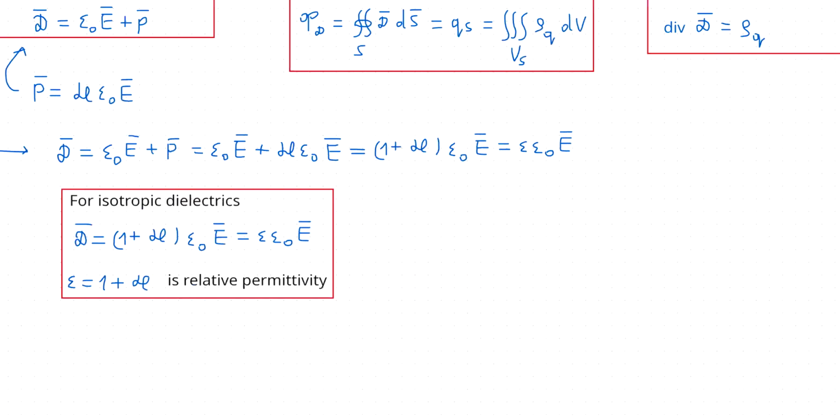So we can also write that in vacuum, kappa is equal to 0 and epsilon is equal to 1. Okay, this is enough for today.